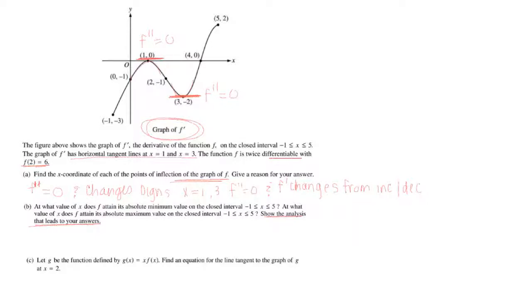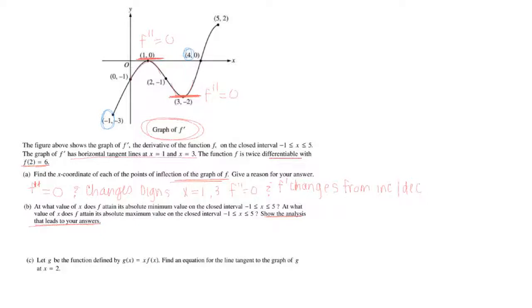So if we look at our graph, notice that we're talking about f, whereas it's maximum or minimum, not f prime. So here, if we look at our graph, notice all the way from starting here at -1 all the way to +4, f prime is negative.